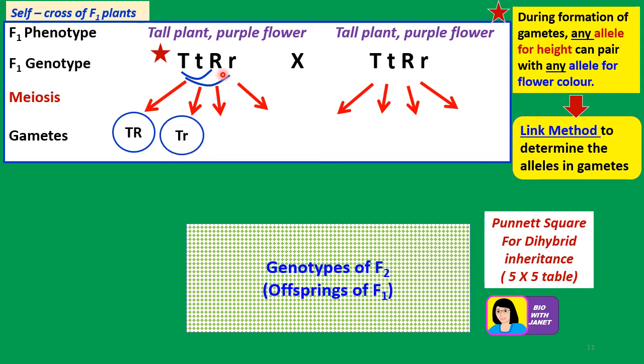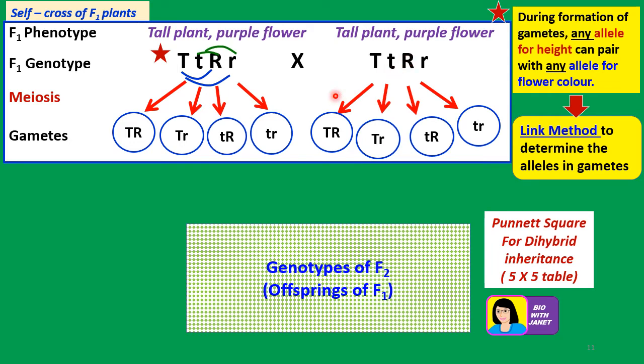The second gamete has alleles big T, small r. Then small t can combine with big R, and then small t with small r. So altogether, four different types of gametes are formed from one parent, and it's the same for the other parent.